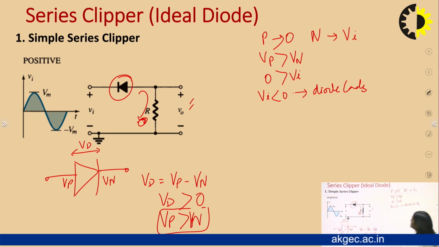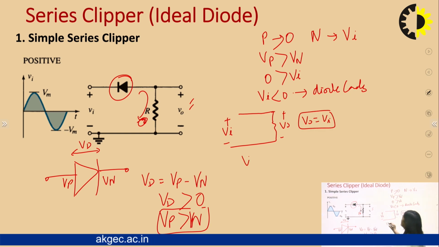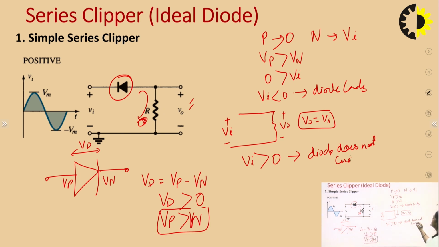In this condition the diode will be a short circuit, so the equivalent circuit will be like this, and V0 would be equal to Vi. When Vi is greater than 0, the diode does not conduct, the diode will be open in the equivalent circuit, and the output will be 0.